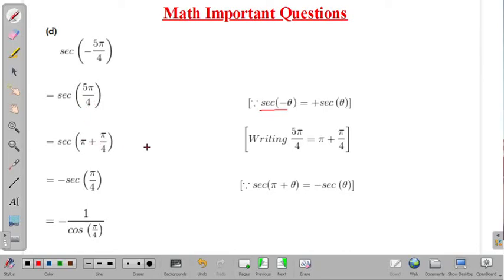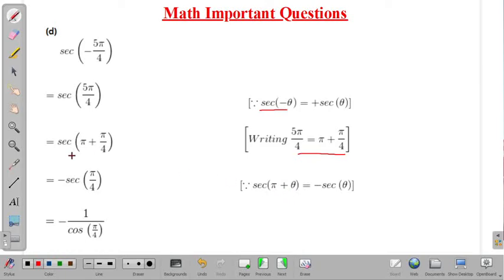5 pi by 4 can be written as pi plus pi by 4. So it will become sec of pi plus pi by 4, and we know that sec of pi plus theta equals minus sec theta, because pi plus theta will lie in the third quadrant, and in the third quadrant cos theta as well as sec theta will be negative.